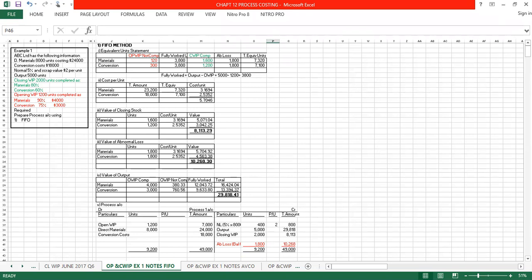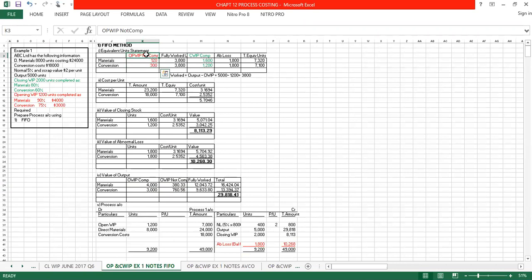I'm repeating, value of output, we learned it in the slides. That is why I was telling you to take notes when we were on the PowerPoint slide. Value of output is value of opening work in progress completed, which is given in the question. You can see the 4,000 in the question. And then conversion is 3,000. Opening work in progress not completed is there in the equivalent unit statement.